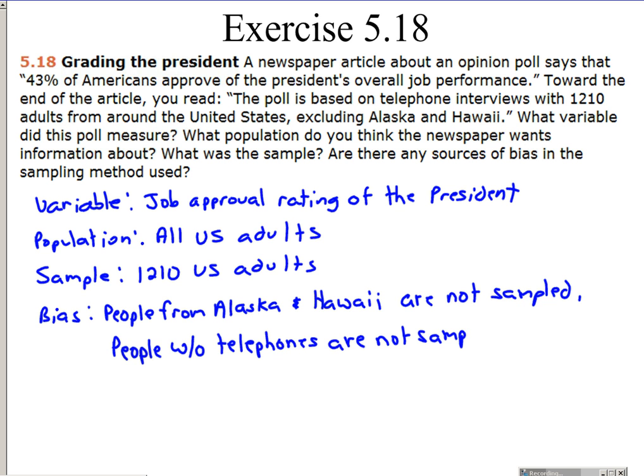So anytime that you are selecting a sample to draw conclusions about a population, there are always sources of bias that are going to be in every single sample. The goal is to limit as much of the bias as you can by using good sampling techniques.